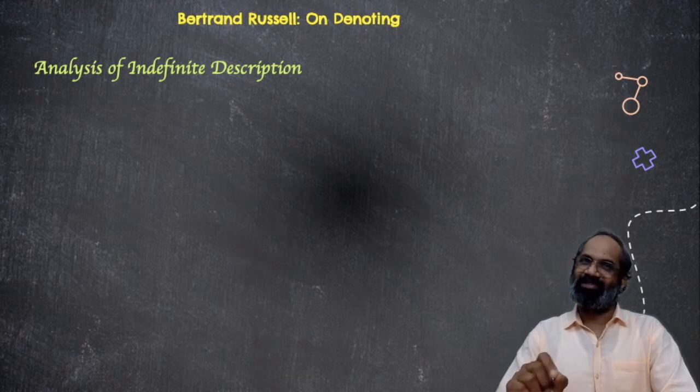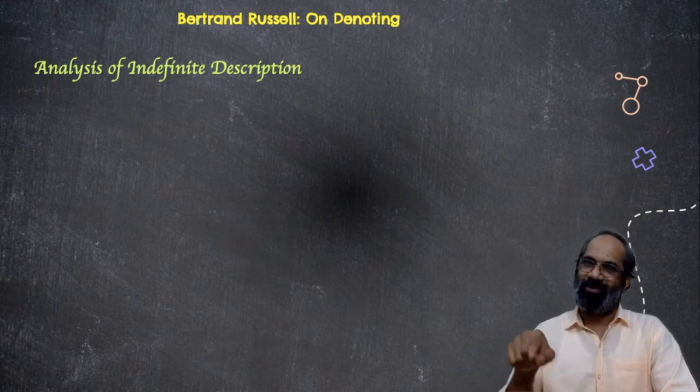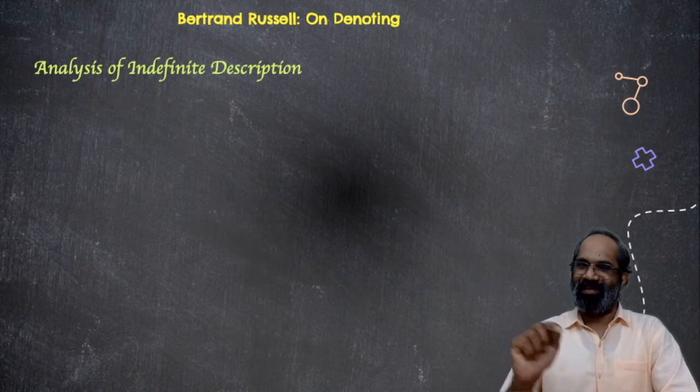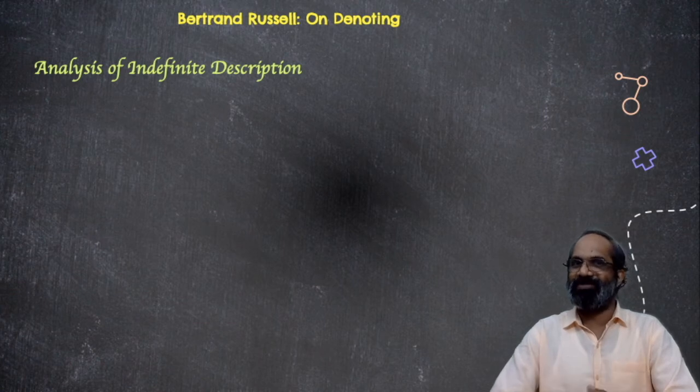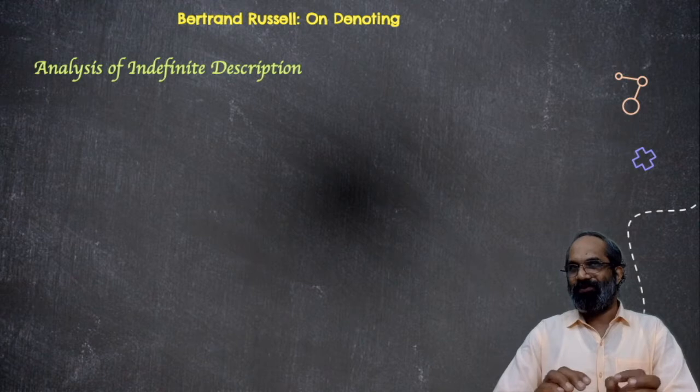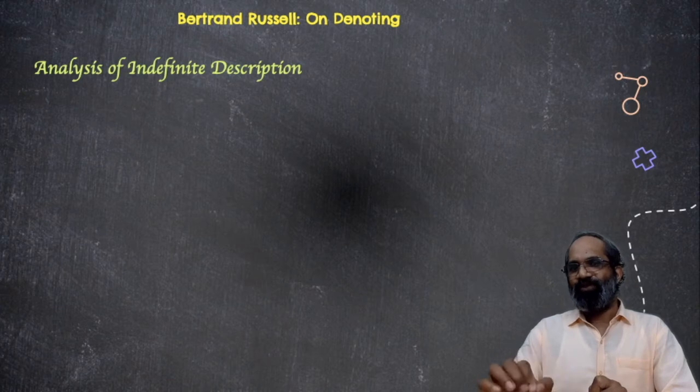And what's the denial of an I-type proposition? If you see the square of opposition, the denial of I is the E-type proposition. That's the way in which he analyzes the proposition. Now, to say that I met a man, or I met someone, is an I-type proposition, and I is true when E is false.